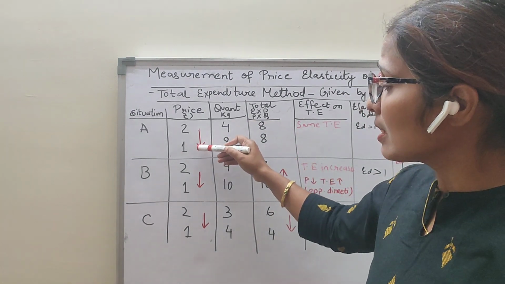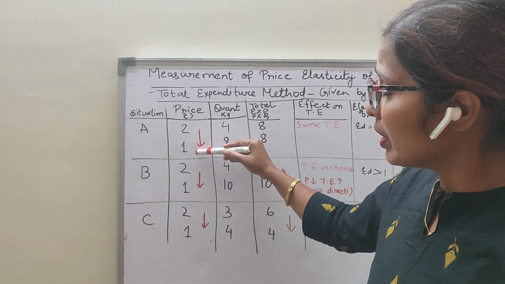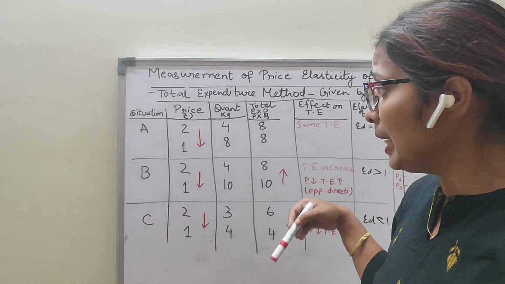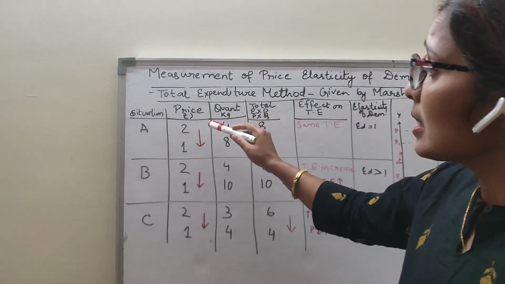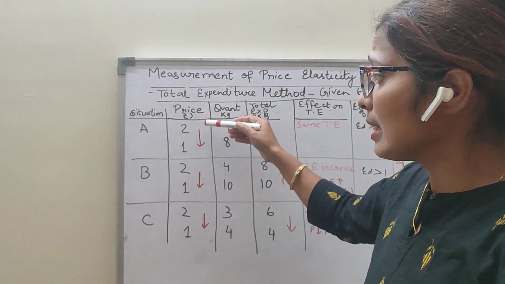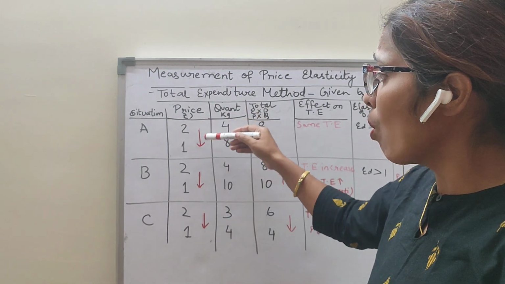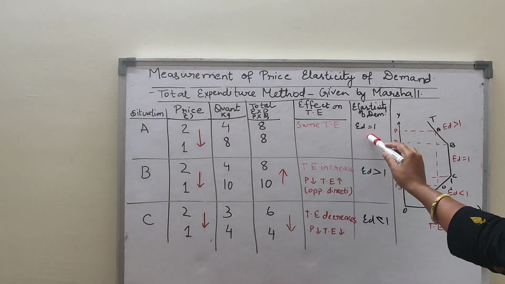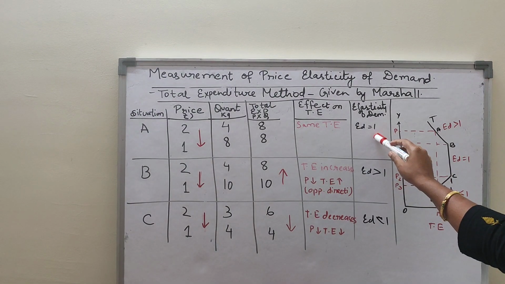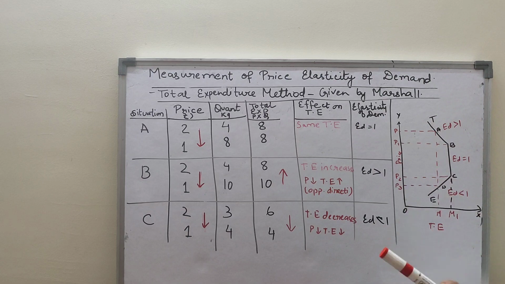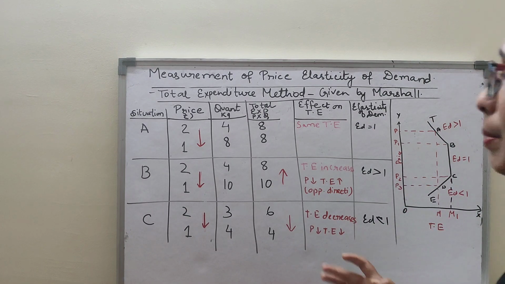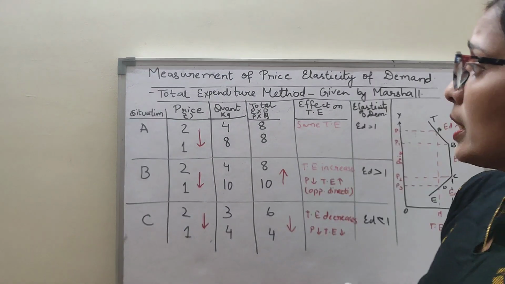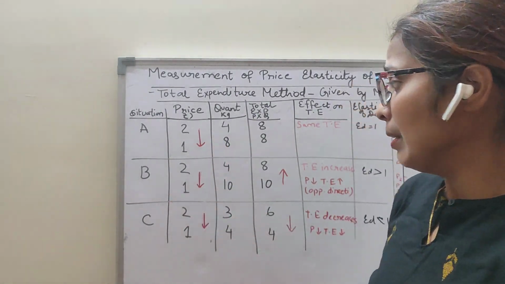Or when price rises, see from the bottom, still my total expenditure remains the same. That means when my price is rising or falling, if total expenditure remains the same, my elasticity of demand is equal to 1. That is unitary. Only, children, here we have to focus on the price column and total expenditure column. Clear? Situation A.